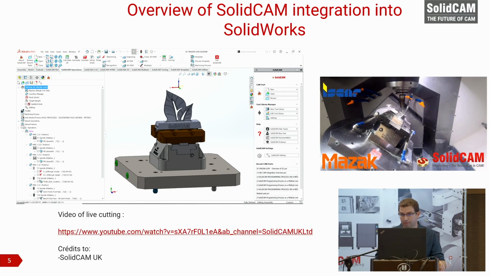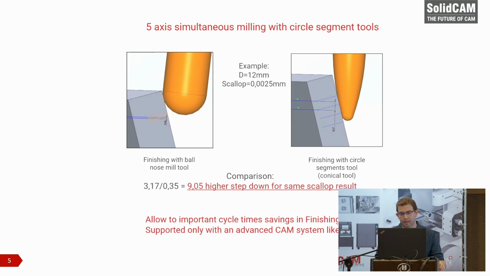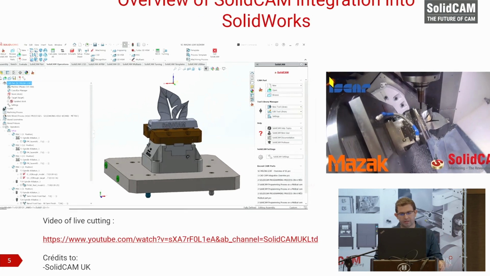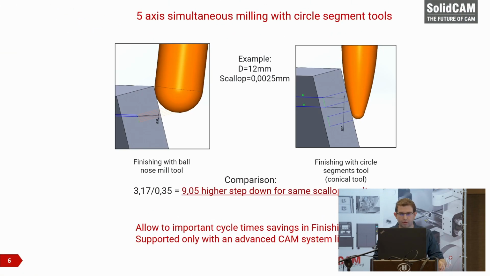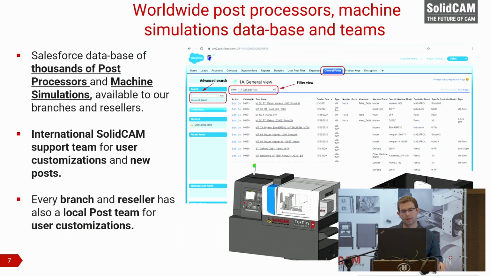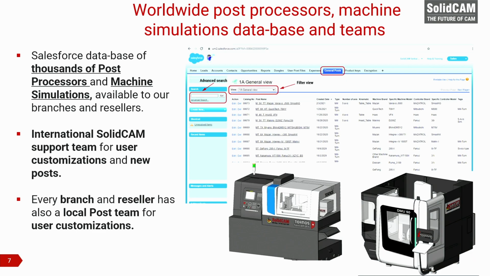As I said, for the G-code that you will generate, I also said a few words about circle segment tools in order to reduce cycle time on finishing. You will get additional information in the presentation on 5-axis simultaneous. And as I said, one of the most important parts in CAM is the post-processor.